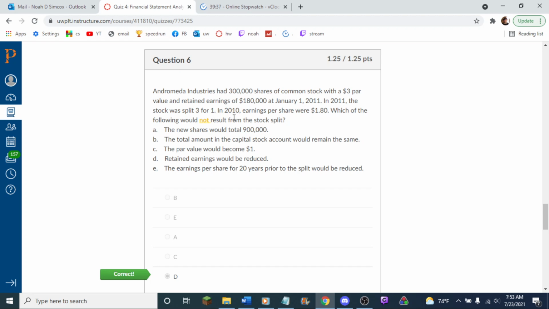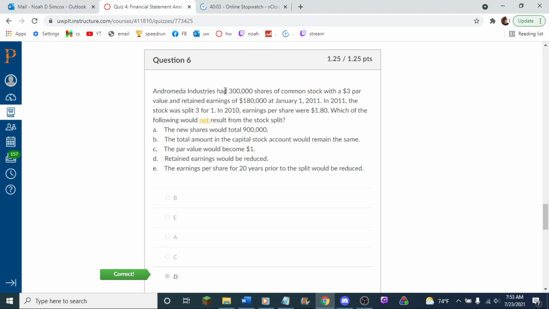So if you have a 2-for-1 stock split, then that means every person gets one. Instead of having one stock, they now have 2. It increases the shares of stock. So if it's 2 for 1, or if it's 3 for 1, you multiply it by 3, and that's how many you have. You have more stocks.